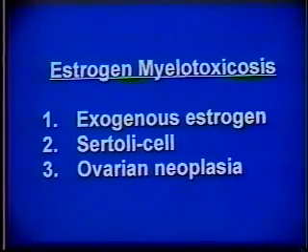We could find this is particularly a problem when we look at the hemogram, where these patients would have a leukopenia, thrombocytopenia, and severe anemia. The severity is assessed by doing a bone marrow examination to see whether we have a hypoplastic or an aplastic situation. Ferrets are also extremely susceptible to estrogen myelotoxicosis as well.